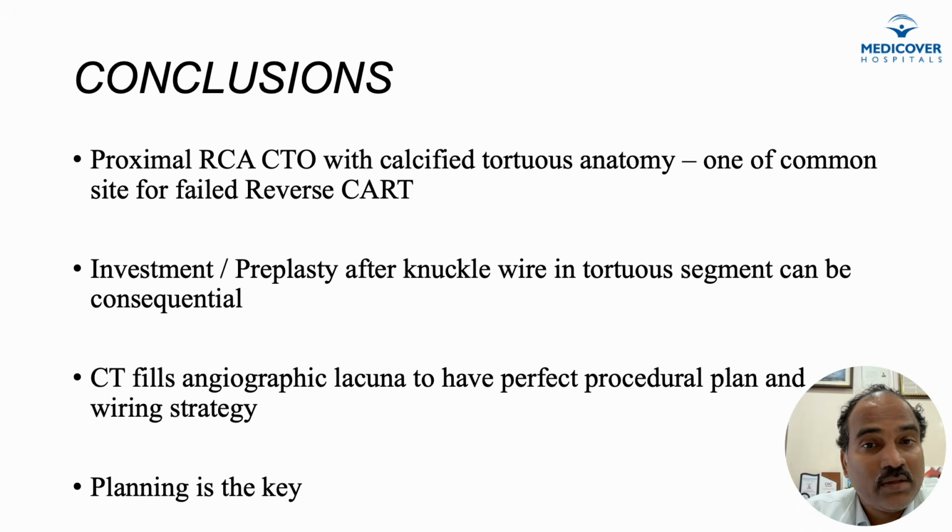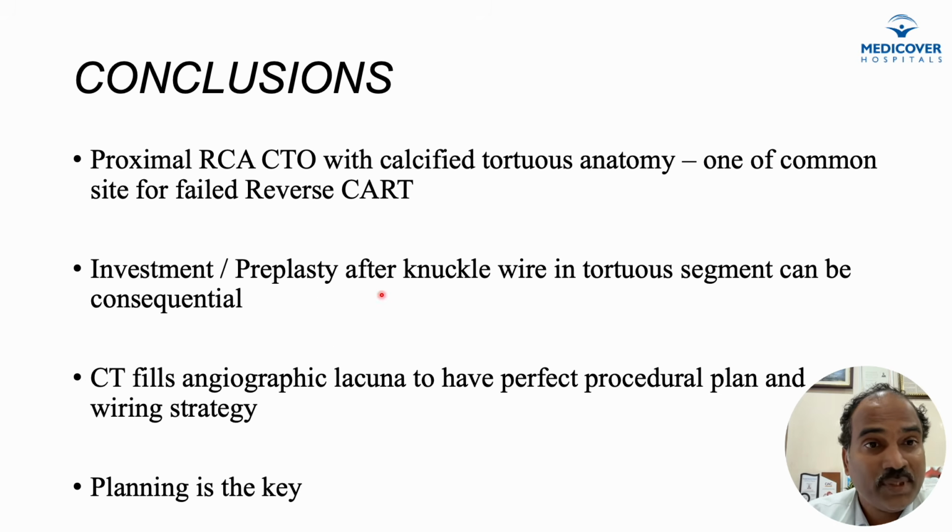Fine. So to conclude, proximal RCA CTO with calcified tortuous anatomy is one of the most complex sites for CTO PCI, and often in my experience, most of my failed reverse CARTs are in the proximal to mid RCA, and tortuous RCA.